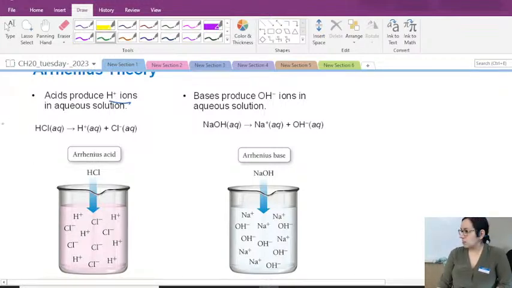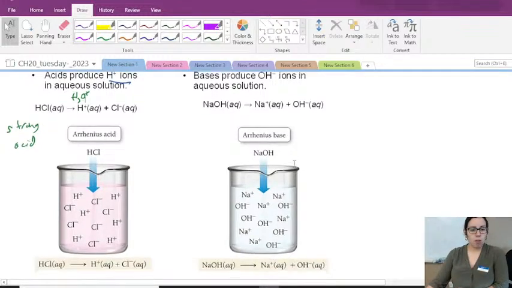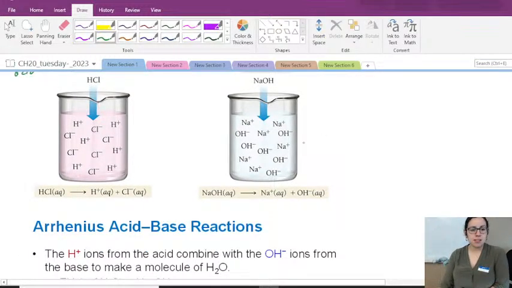HCl is considered a strong acid since it completely dissociates, so all of it goes all the way to the right and forms our H+ or hydronium ions plus our anion, chloride. And bases produce hydroxide, so sodium hydroxide, magnesium hydroxide, all of those are bases, again completely dissociated.